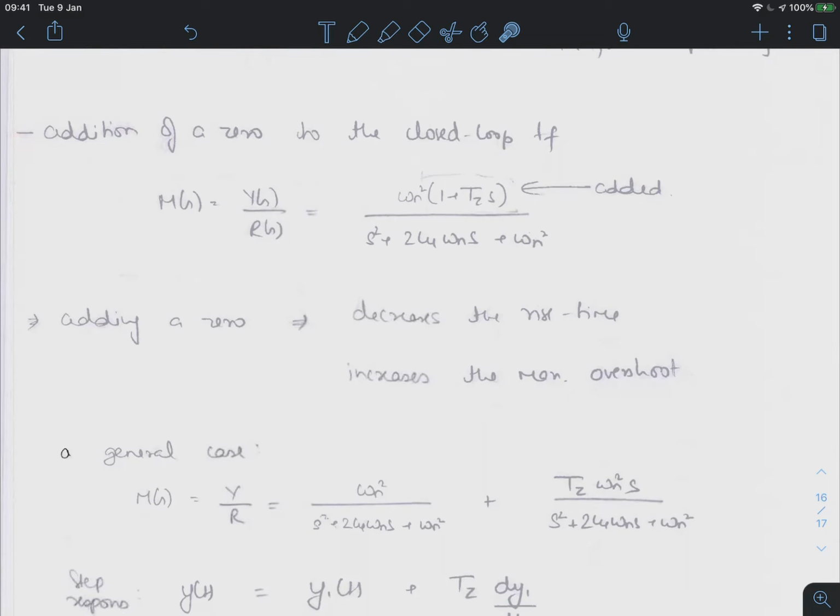Now this was all about adding a pole to the transfer function. Now if I add a 0 to the closed loop transfer function, let's say we have M(s) equal to Y upon R. This is the denominator polynomial of the second order system, and we have just added this term, where a 0 is located at minus 1 upon tz. So on adding a 0 to the closed loop transfer function, we shall see that the rise time would decrease.